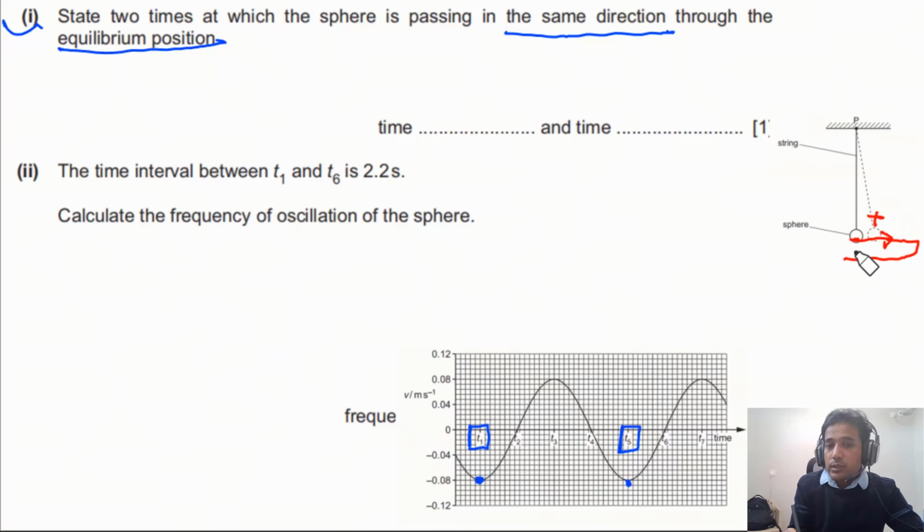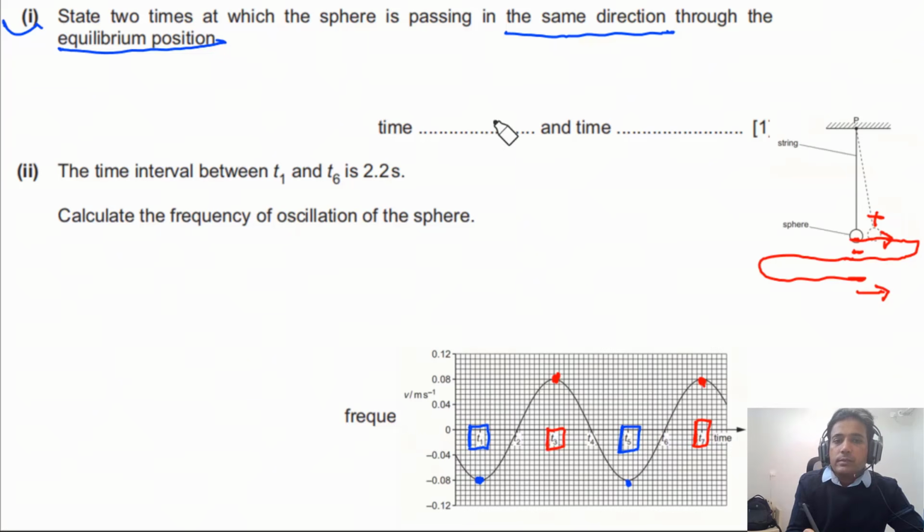Now it is moving to the left, so this is negative. It will reach the extreme, then again it will cross this equilibrium, so it is again positive. You can see this is again one complete cycle. So you can take this point, it is positive, T3, equilibrium, so maximum speed. Here T7, again positive.